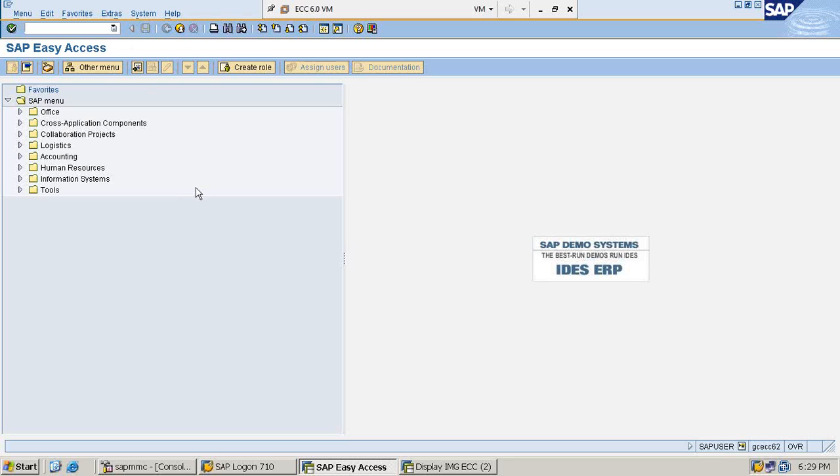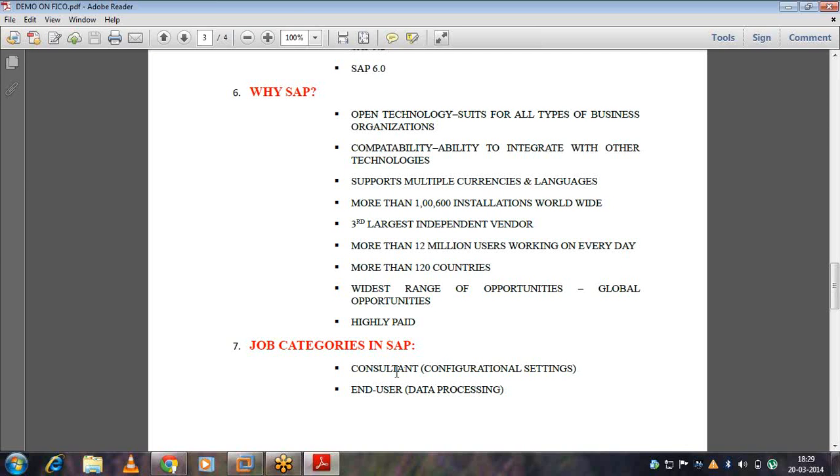So this is the role of an end user and the SAP Easy Access screen. Then coming to the consultant. To understand the consultant, we need to discuss end user again. End user is responsible for processing the transactions, correct?